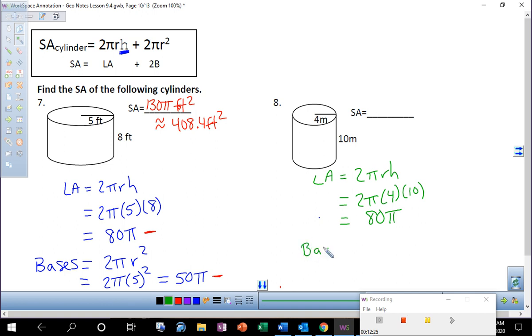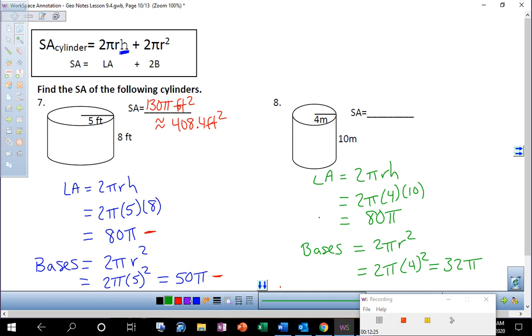And then for our bases, 2 pi r squared is our formula. R is 4. 4 squared is 16, and 16 times 2 is 32 pi.